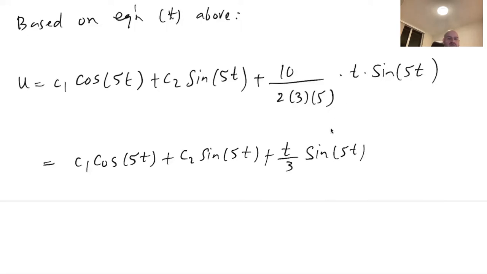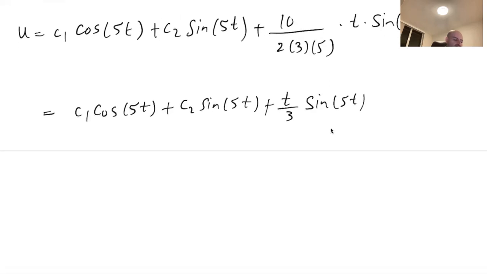Now, to find C1 and C2, we need to use the initial conditions. So lastly, find C1 and C2 using the initial conditions.